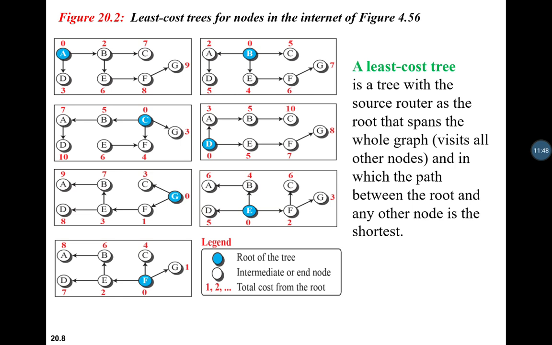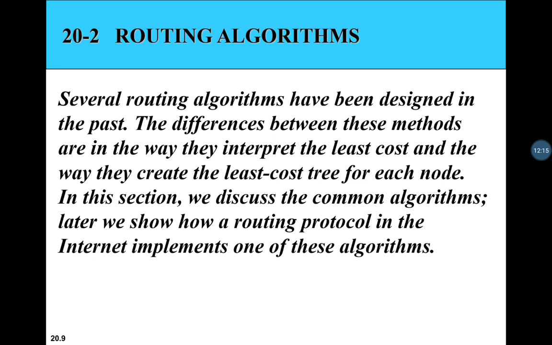Similarly in other examples also. And the second property is that instead of traveling from A to G using A's tree, we can travel A to E using A's tree and continue from E to G using E's tree. That is how we travel from A to G. That is about the least cost trees.